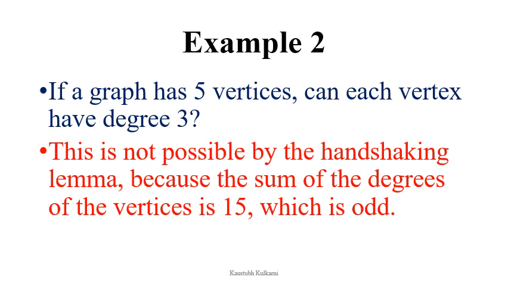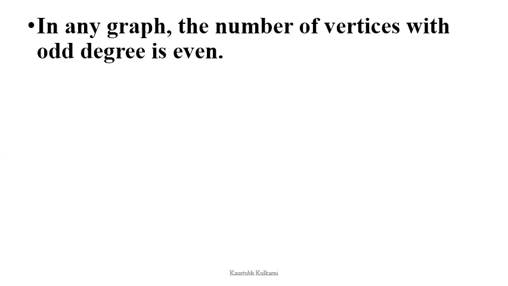So it is not possible for a graph to have an odd number of vertices, all with odd degree. We can state this as a result: in any graph, the number of vertices with odd degree is even.